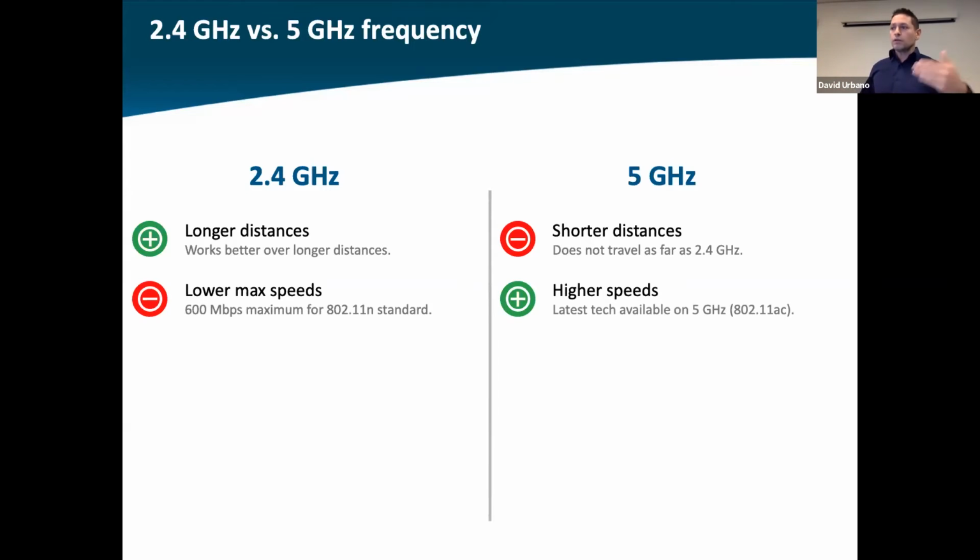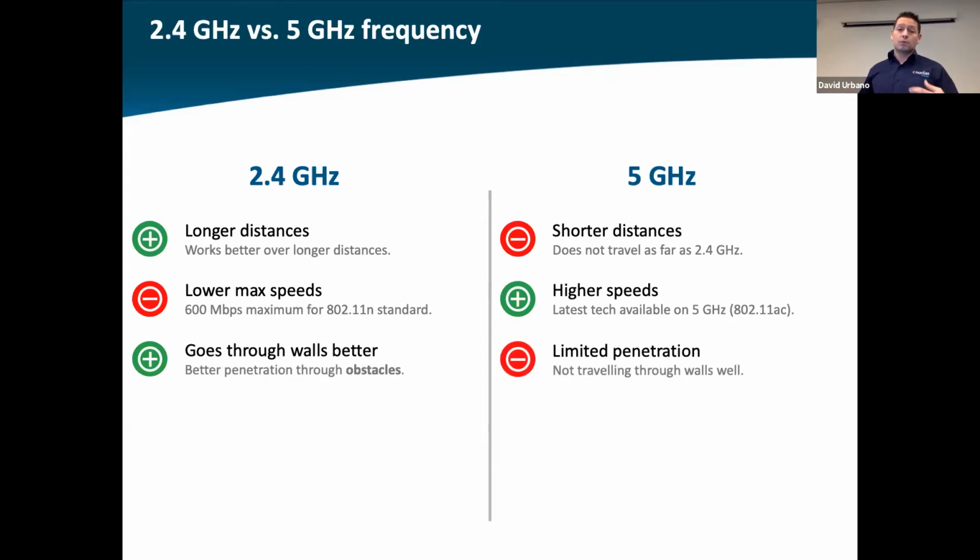In addition to that, 2.4 will have a certain speed with a maximum of 600 megabits per second, depending obviously on the antenna pattern, the antenna array, etc. In terms of 5 gigahertz, remember the current standard, which is the AC, wave 2, wave 3, hopefully you have had some reading about it, which is the one that we probably currently are on, wave 2.